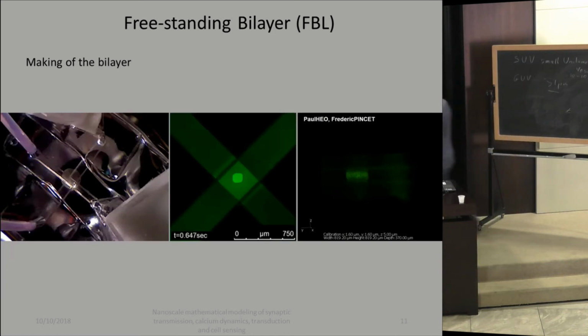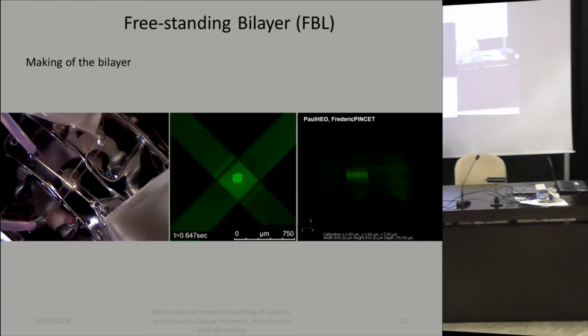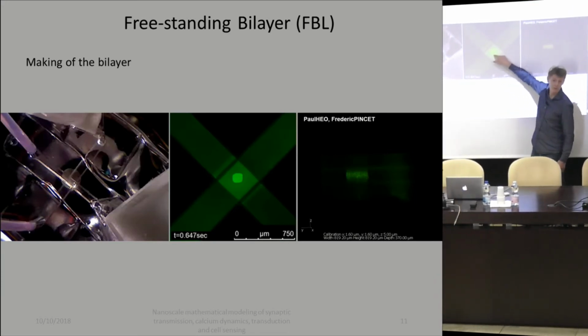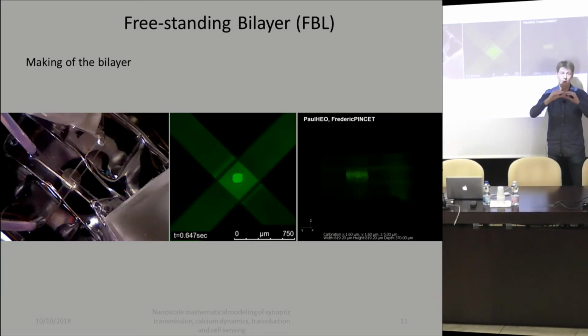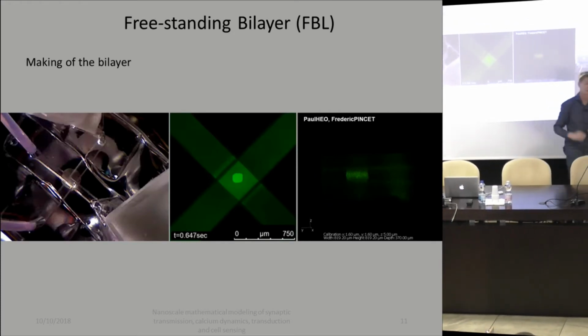What happens is the buffer goes through here. This becomes dark. The buffer goes through here, becomes dark, but the center remains fluorescent, showing that we have a droplet of squalene that's trapped in the middle.